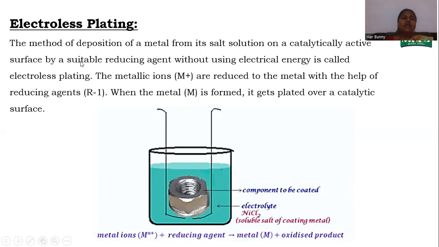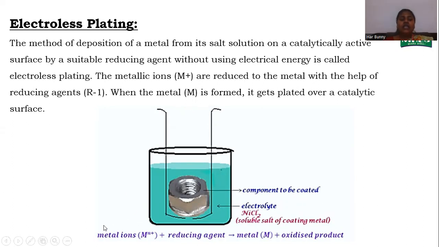Electroless plating is the same as electroplating, but the only difference is that here we are using a suitable reducing agent instead of a direct electrical energy source. Okay, so in this method, the deposition of a metal from its salt solution on a catalytically active surface by using a suitable reducing agent and without using any electrical energy is called electroless plating, right?